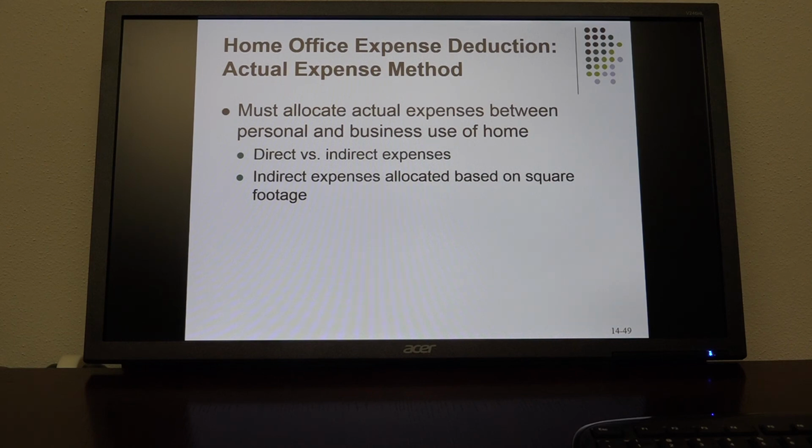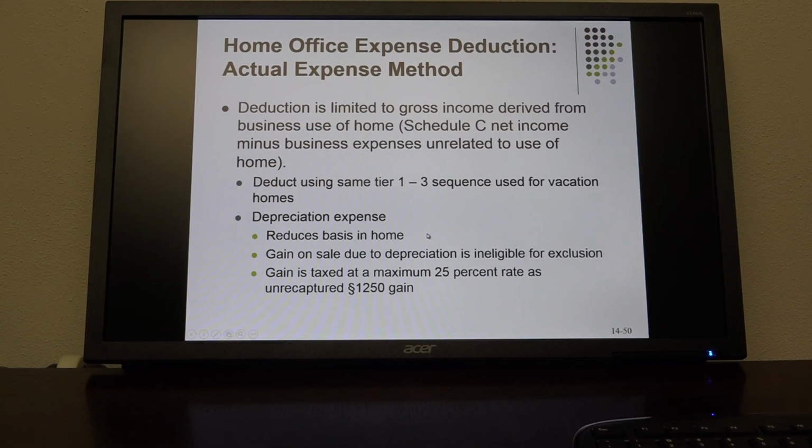And so, let's say $1,200 is your yearly insurance expense, and you use 20% of the home for business use. What your deductible expense is going to be is 20% of that $1,200. So just to give you an example of how that would work, you'd have to do that with the various expenses.